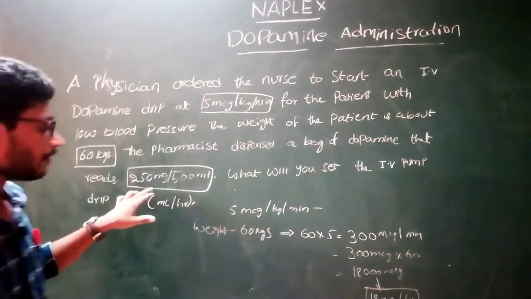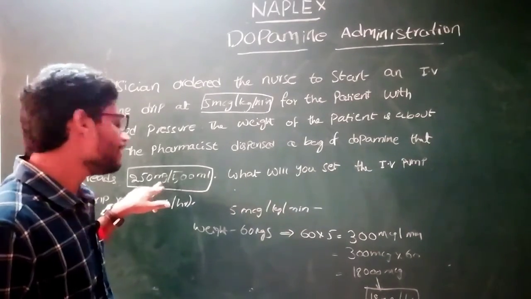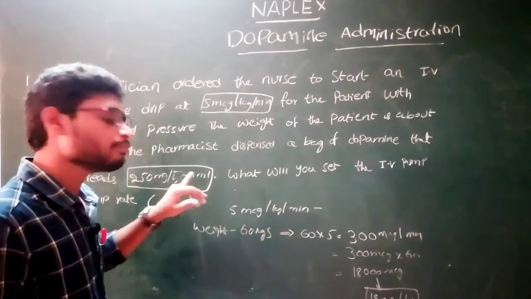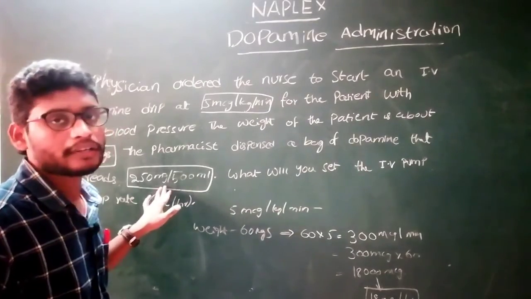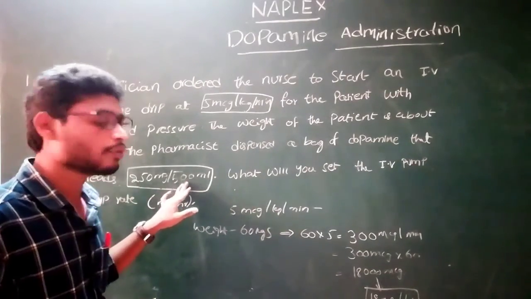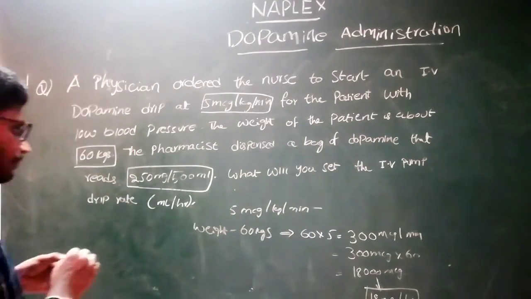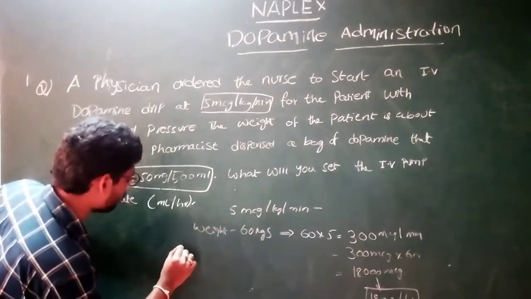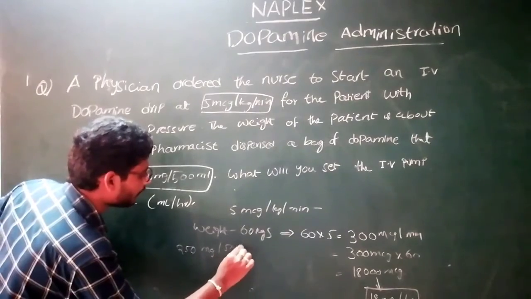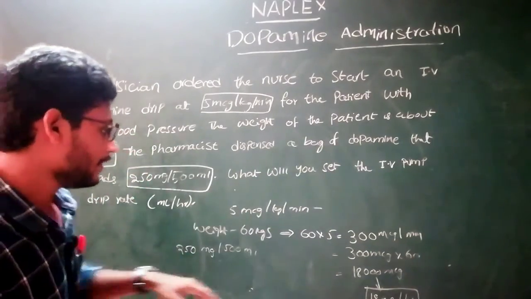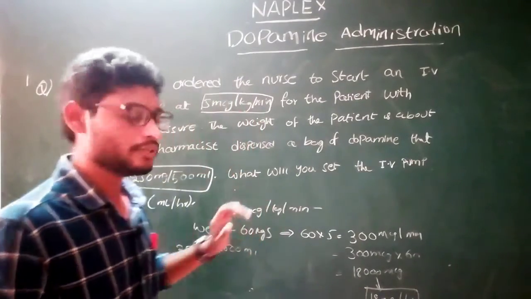And here the pharmacist dispensed the dopamine in a dilution form, 250 mg per 500 ml. So the nurse has received the dopamine in the diluted form of 250 mg of dopamine in 500 ml solution. So here the available form is 250 mg per 500 ml, and the dose needed to administer for an hour is 18 mg.